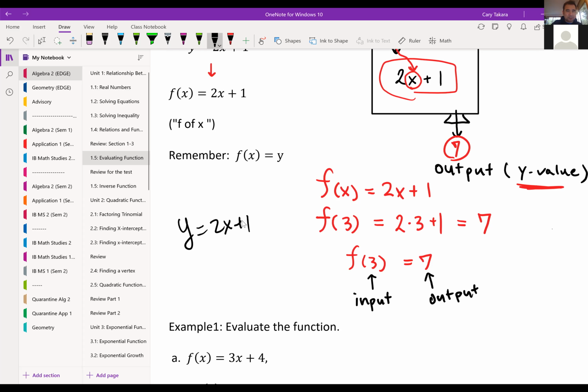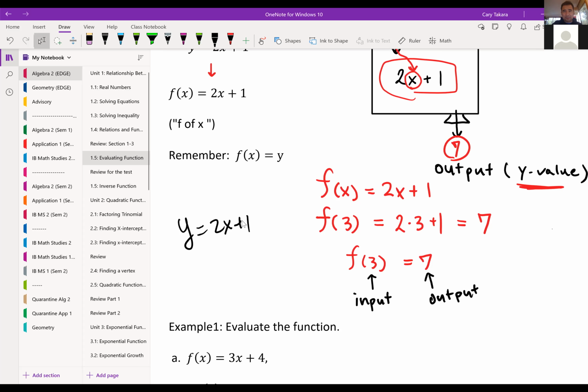But if you use the function notation, it is clear what the input is and what the output is going to be. And so when you talk about more complicated functions, it's very convenient to use function notation because it tells you what the input is and what the output is for both x and y value.